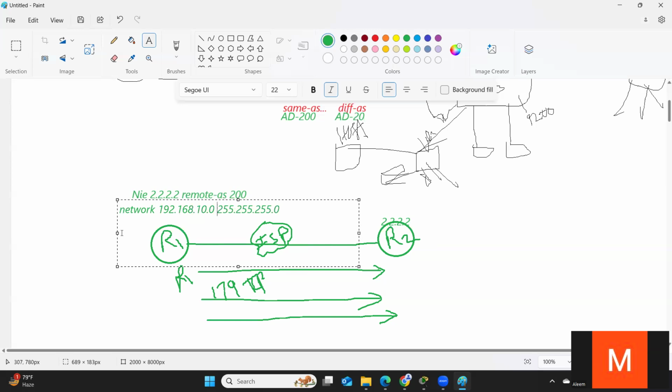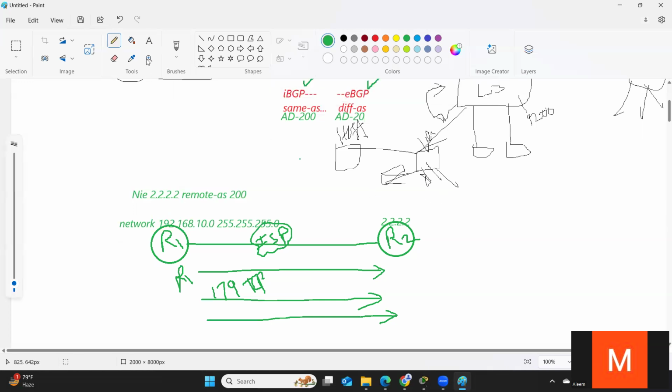Just what we did earlier: router OSPF, and we give something like 100 as the process ID. Then we just advertise the directly connected interfaces through the network command, and yes, they can form the neighborship. But here, the neighbor command is what forms the neighborship.